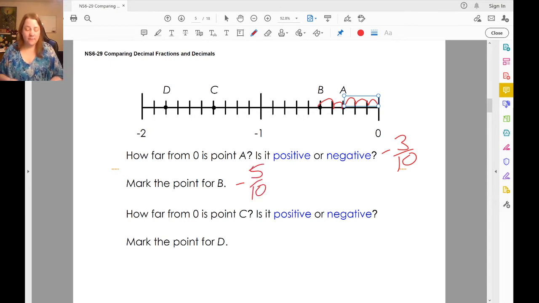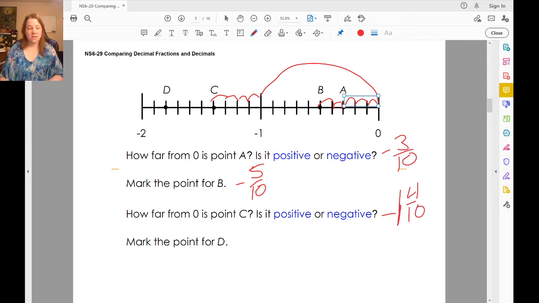Letter C, we have a whole full jump, and then 1, 2, 3, 4. So that would be negative 1 and 4 tenths. Letter D, same thing. 1 whole jump, 4, 5, 6, 7, 8. Negative 1 and 8 tenths.